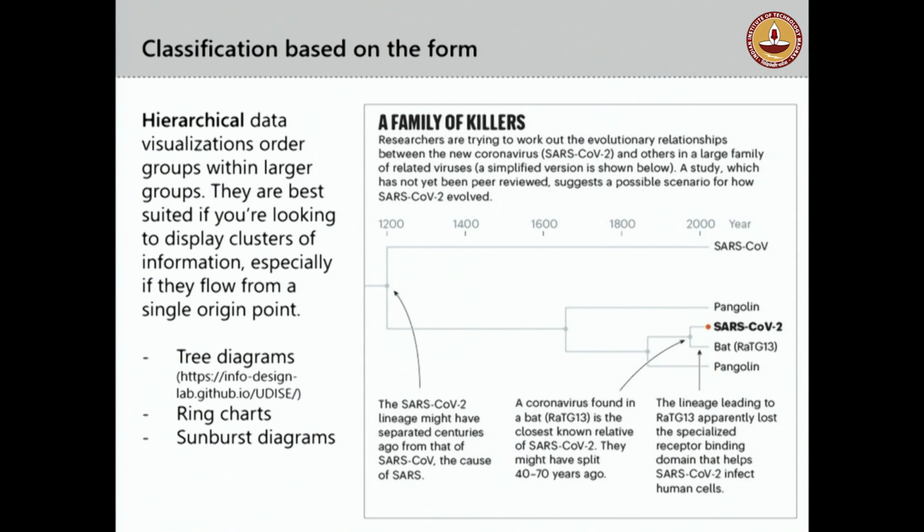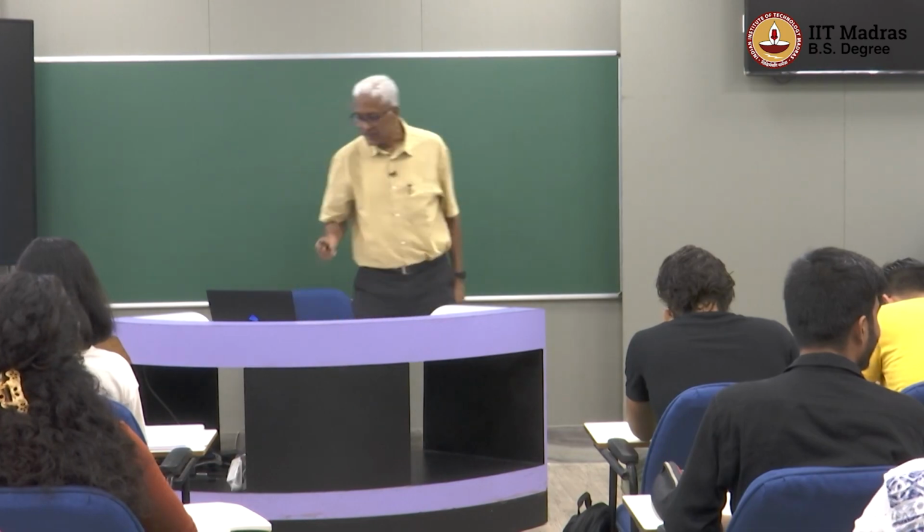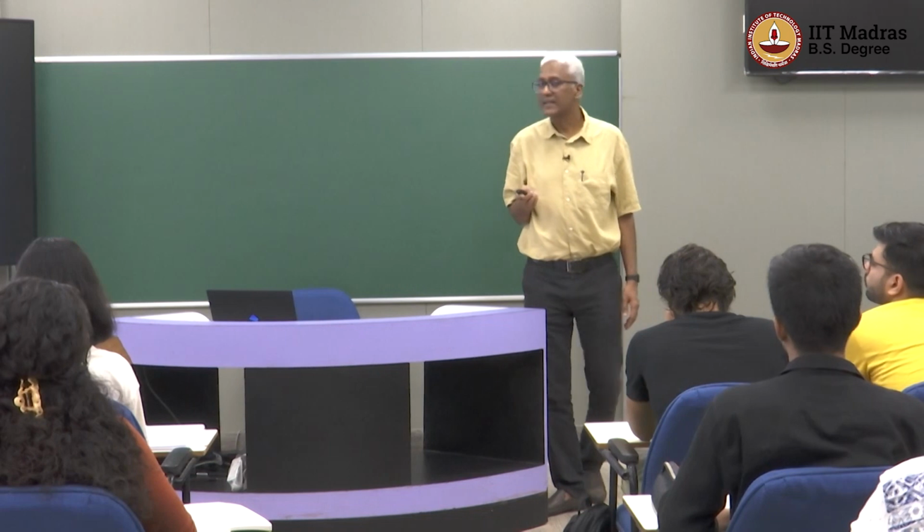We discovered it around 2019 or so, and the possible origins of how it separated from the main branch back about 800 years, 900 years ago, or almost 1,000 years ago. The SARS-CoV-2 lineage might have separated centuries ago from that of SARS-CoV. Okay, so that is hierarchical data.